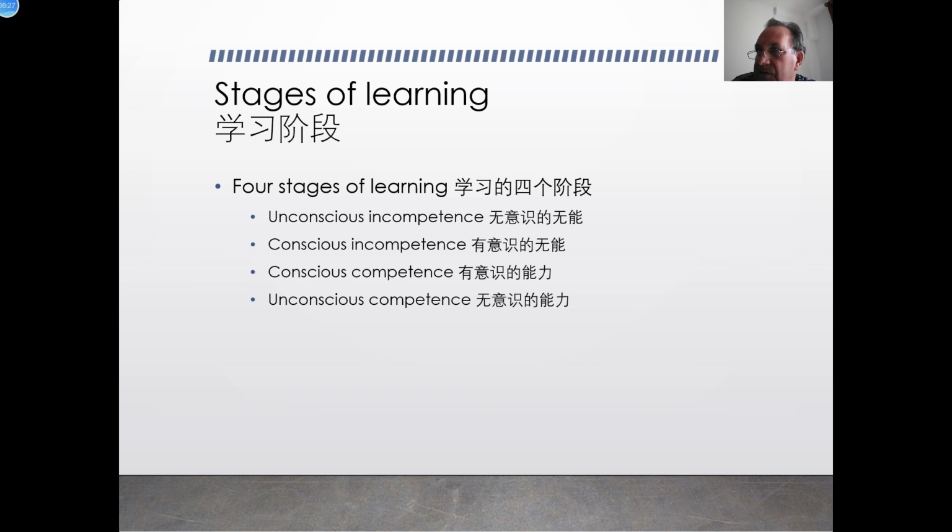And over time, as you develop those skills, you become unconsciously competent in being able to do things really without thinking. So you may want to consider what stage of learning you are at with the certain skills that you're considering as part of your own personal development.